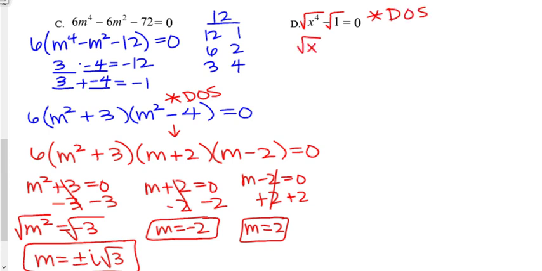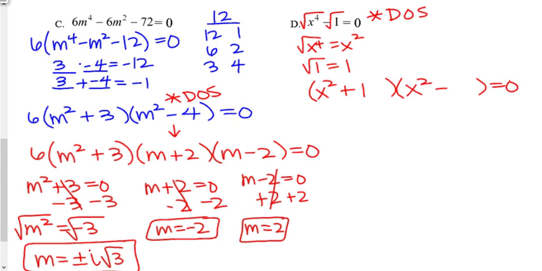The square root of x to the fourth is x squared, and then the square root of 1 is just 1. So my two factors here would be x squared plus 1, x squared minus 1. I am not done. Actually, I need to recognize this is difference of squares again.